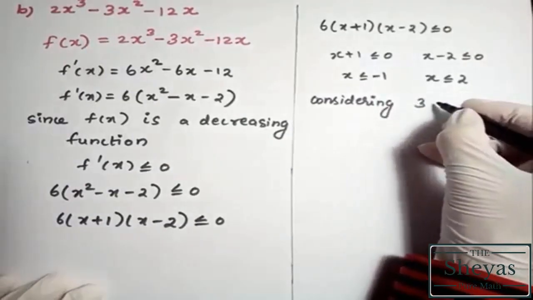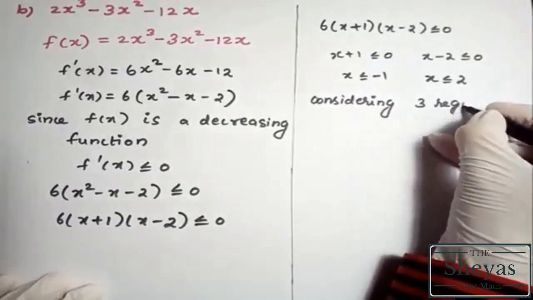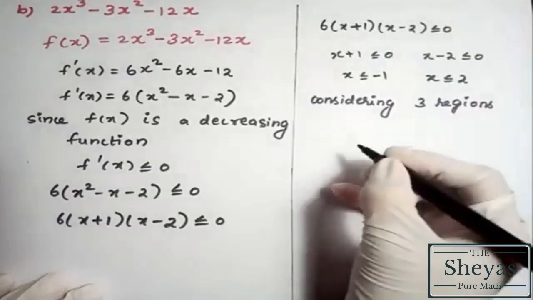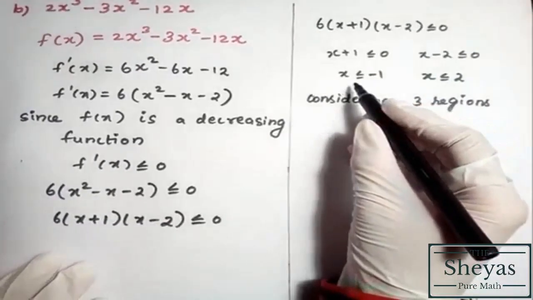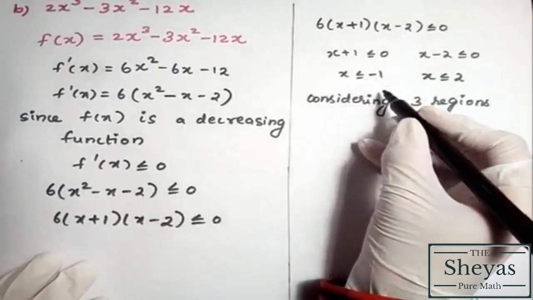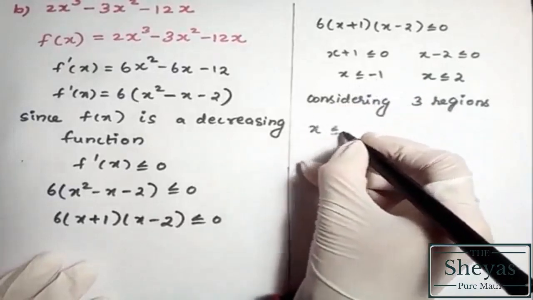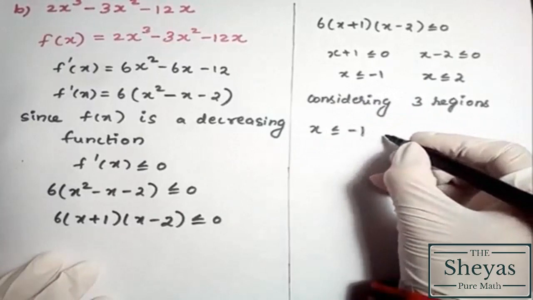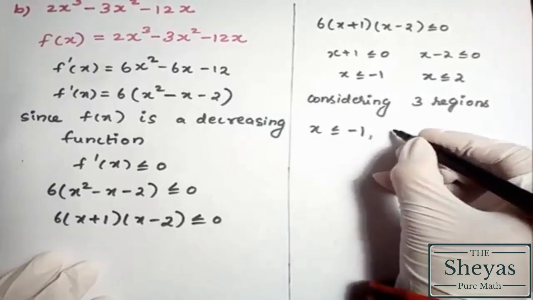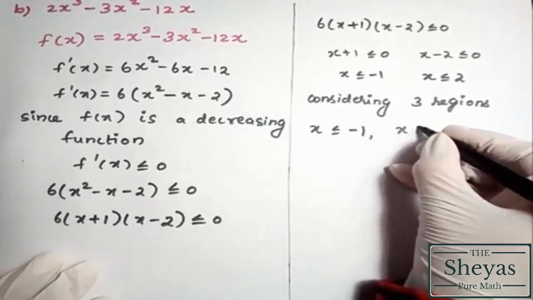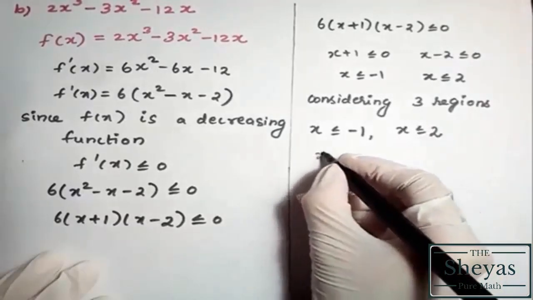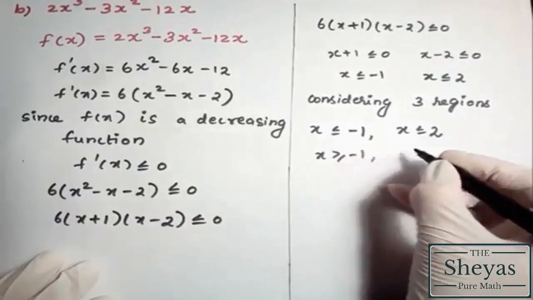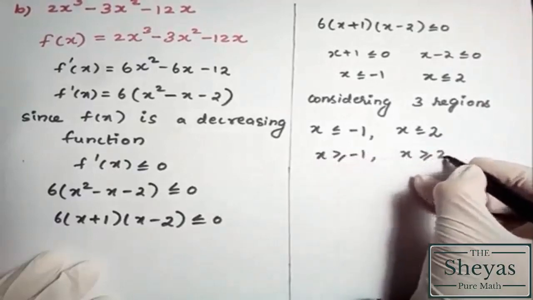So considering three regions, I'll tell you again how to consider the three regions. That is, x less than or equal to minus 1, x less than or equal to 2, x greater than or equal to minus 1, and x greater than or equal to 2.